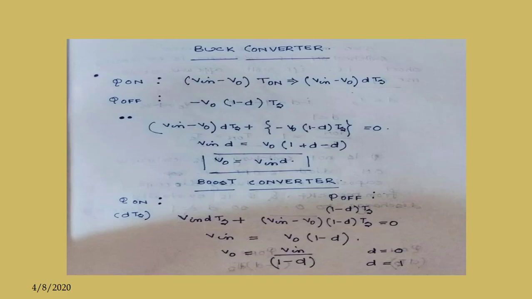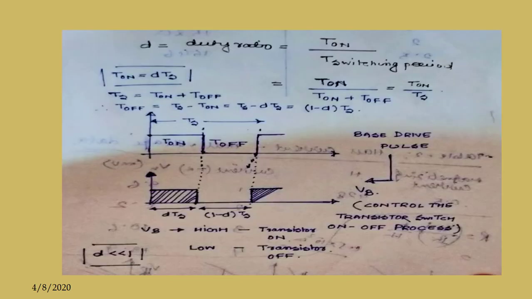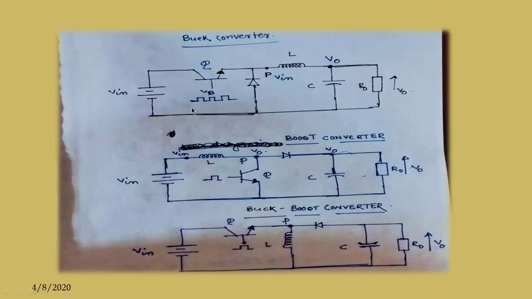Volt second balance is the fact that over one complete switching period, the total volt second applied to an inductor, including the magnetizing inductance of the transformer, must be 0 in steady state.